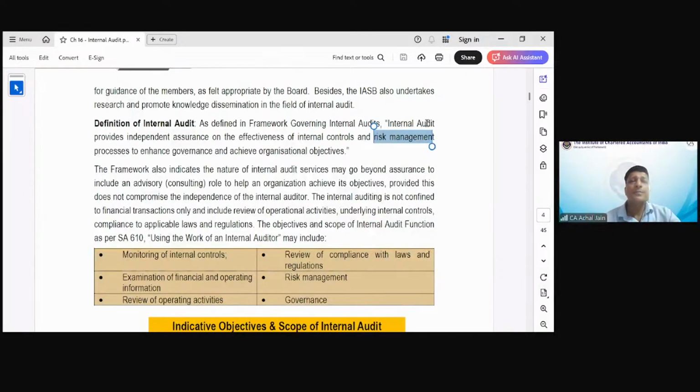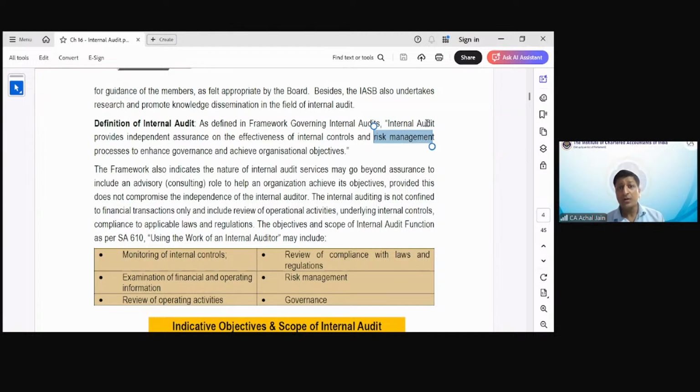Why? Because when it comes to the internal audit, in a way, we are now talking about the entity. And we are not limiting this entity to its financial statements or financial reporting only. It means the entity as a whole we are now considering.